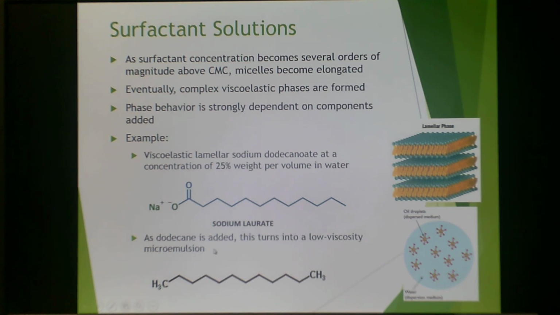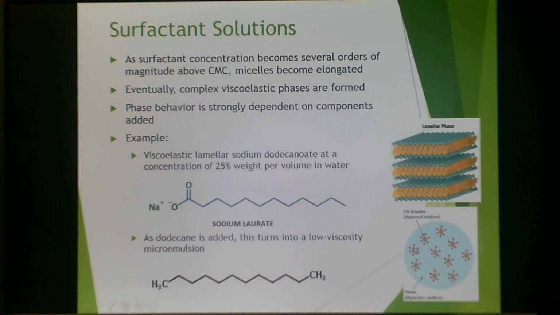However, when you add something more to this, you would think, well, maybe it'll become more viscous. It doesn't. It actually switches the entire system into a low viscosity microemulsion, which once again acts like a low molecular weight, low Deborah number material. So what happens is this situation changes so that the micelles, the surfactants themselves, can surround this hydrophobic species, and they form into micelles in water with the dodecane in the center.